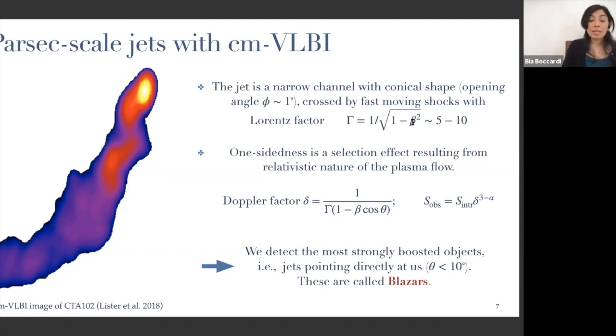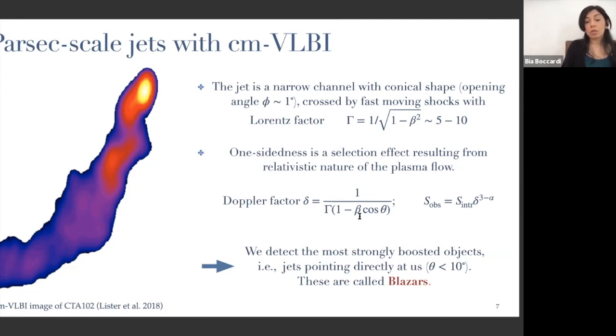The one-sidedness, this is how we call it, is a selection effect which is due to the relativistic nature of the flow. Indeed, when a flow moves with relativistic speed, its emission can be strongly amplified by a factor of delta to the 3 minus alpha, where alpha is the spectral index. And so this D is the Doppler factor, which depends on the intrinsic speed, but also on the viewing angle of the source.